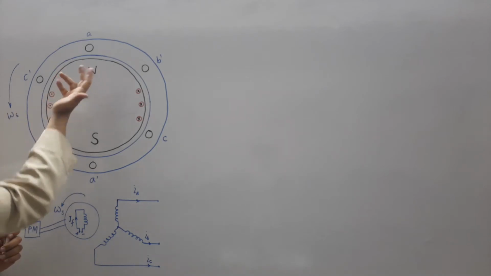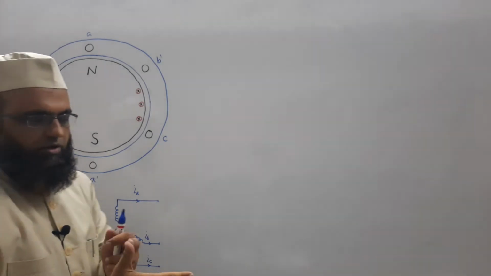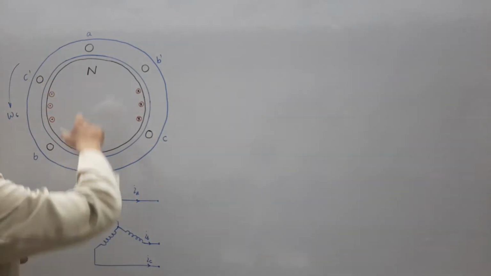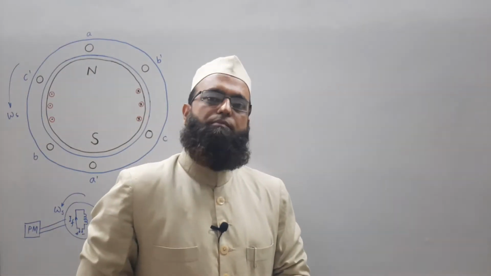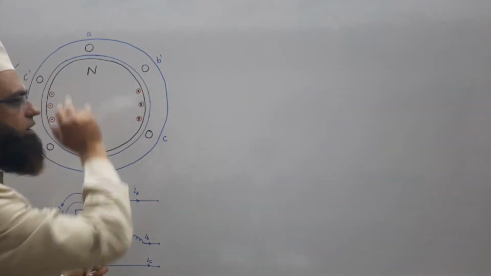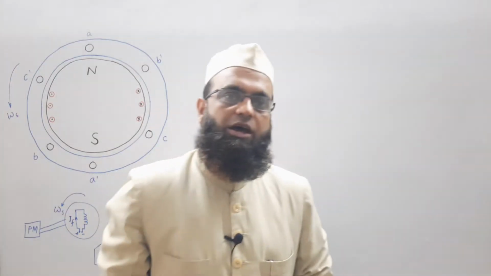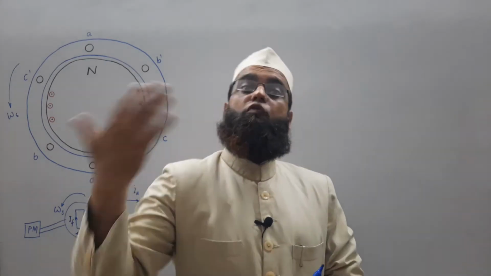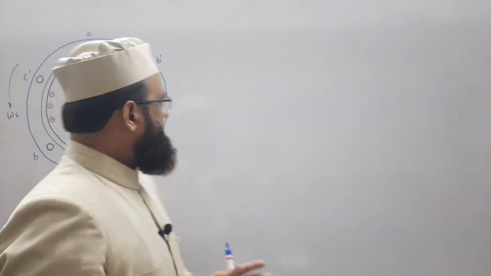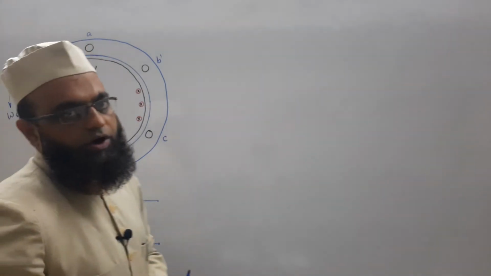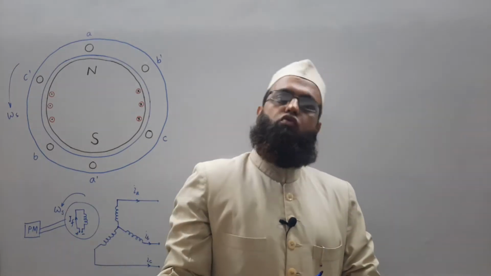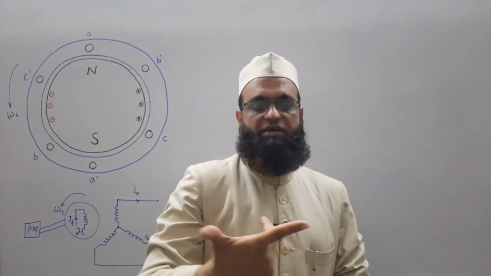So field is upward, B is upward, and force on the conductor means motion of the conductor. In a simple way, we can check the motion of the conductor. The conductor is stationary, but we consider its motion with respect to the field. So if the field is rotating anti-clockwise, the motion of the conductor with respect to the field will be clockwise.